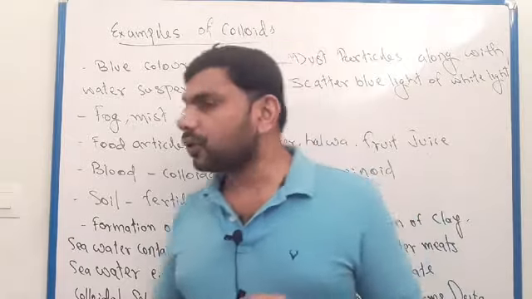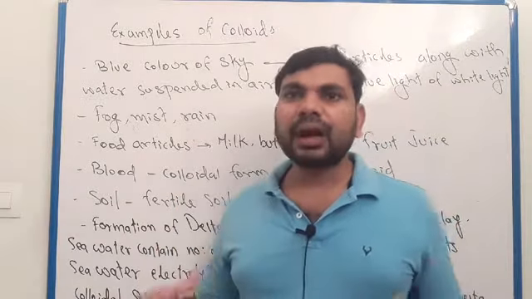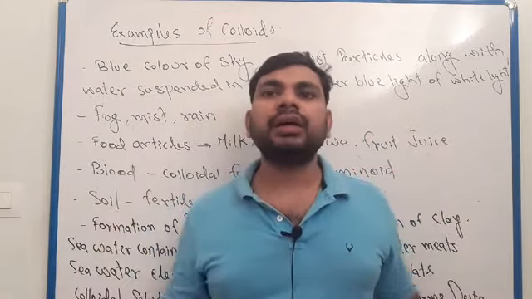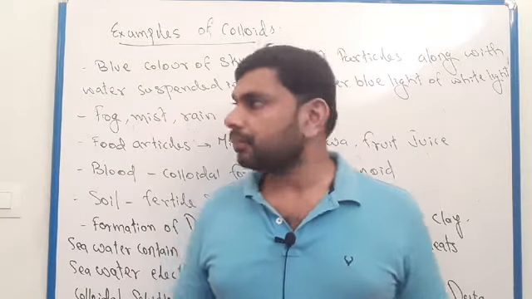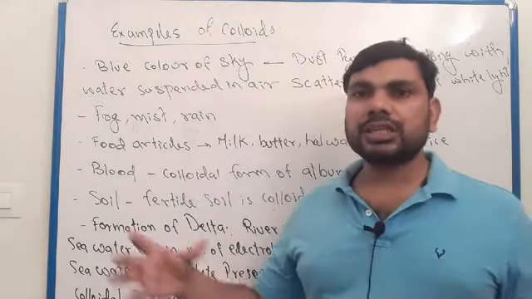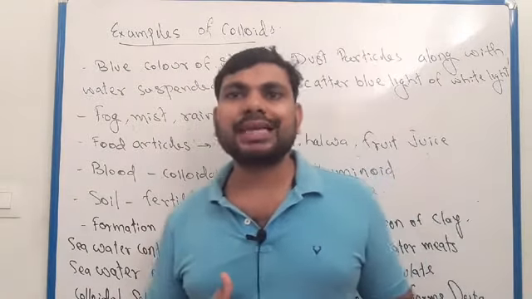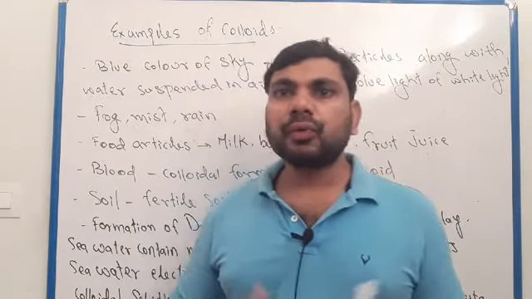Other examples of colloids in nature are fog, mist, and after rain, drops in the atmosphere. Clear? After this, food articles, different types of food, are examples of colloids, for example milk, butter, cream, and fruit juice.